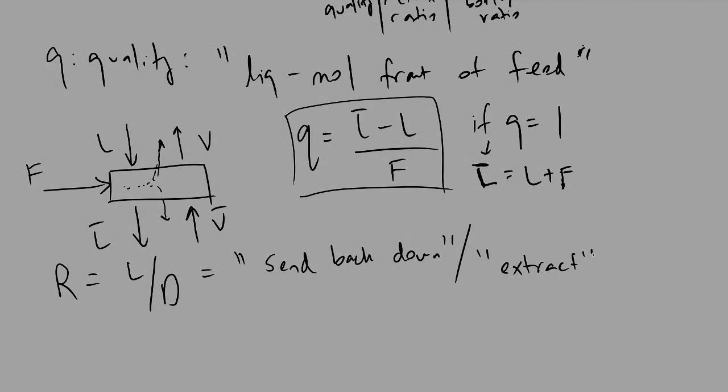And so in the case when R equals 0, when we have no reflux, this should make intuitive sense because we are not sending anything back down our column. And when R is equal to infinity, that means we are not extracting anything.